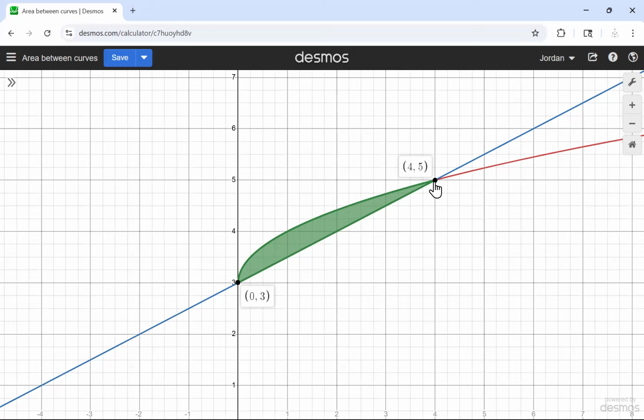You could have also algebraically found where these two curves intersect by setting the expressions equal to each other. But for here, all I really need is to say x values go from 0 to 4, and in that region, the square root of x plus 3 is above 0.5x plus 3.